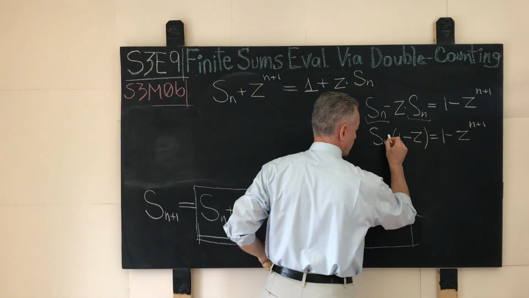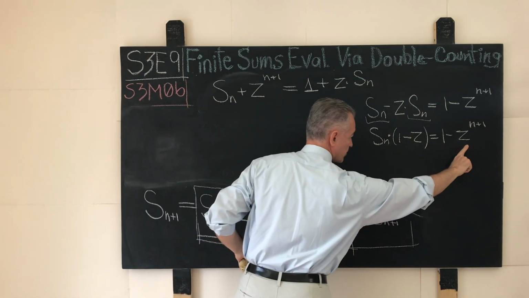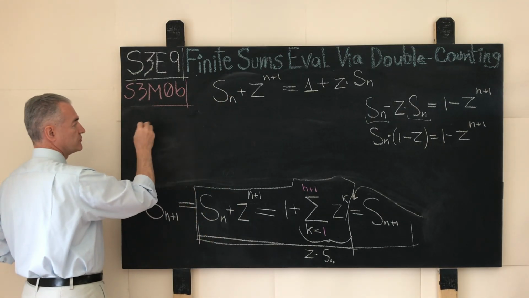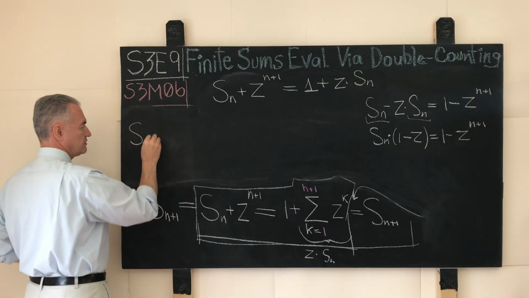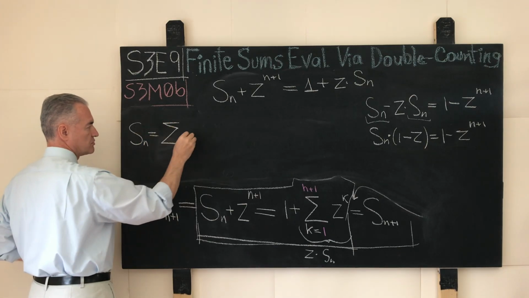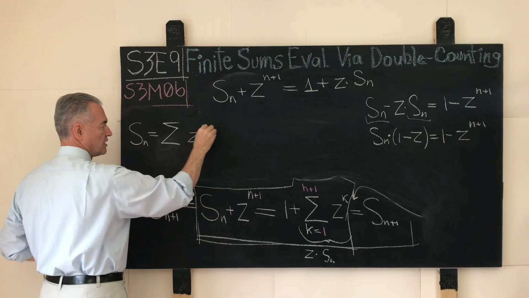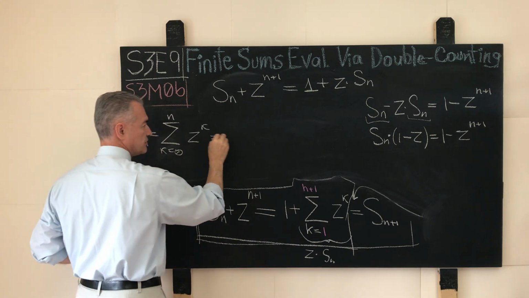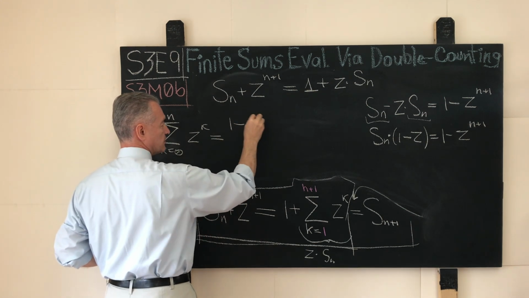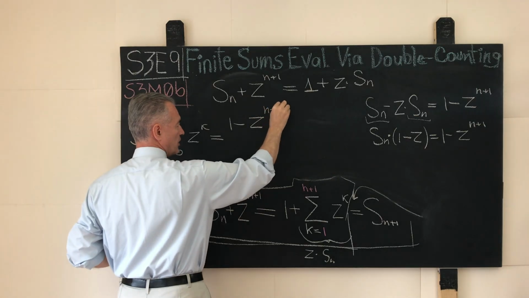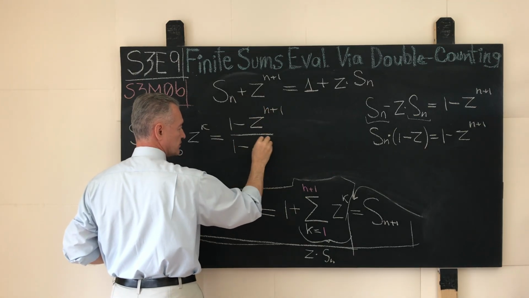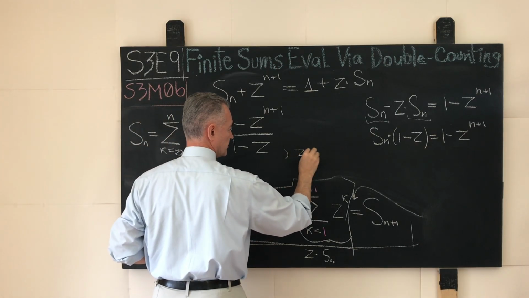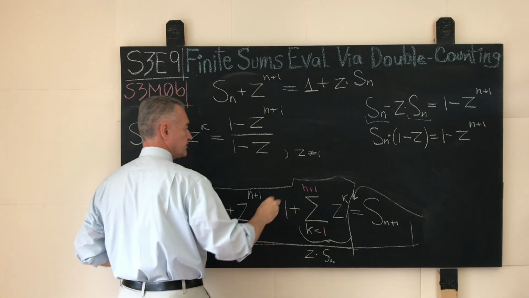And now from this expression over here, we write the alternative expression sought after. So Sn, that is equal to our original sum, let's write it down, the sum of z to the power of k, k from 0 to n, is equal to what? 1 minus z to the power of n plus 1 divided by 1 minus z, provided, of course, that z is not 1, whatever that z is.